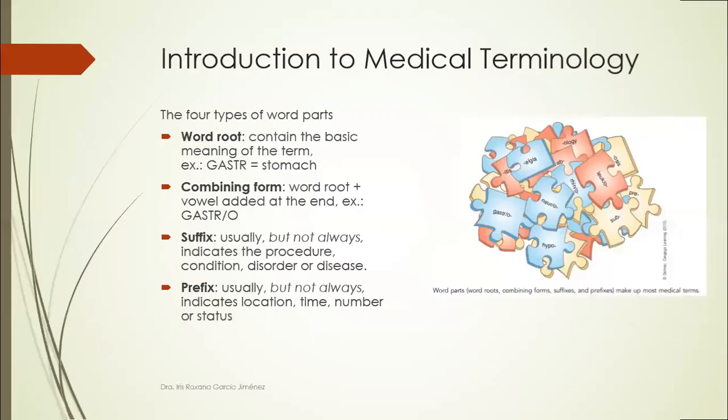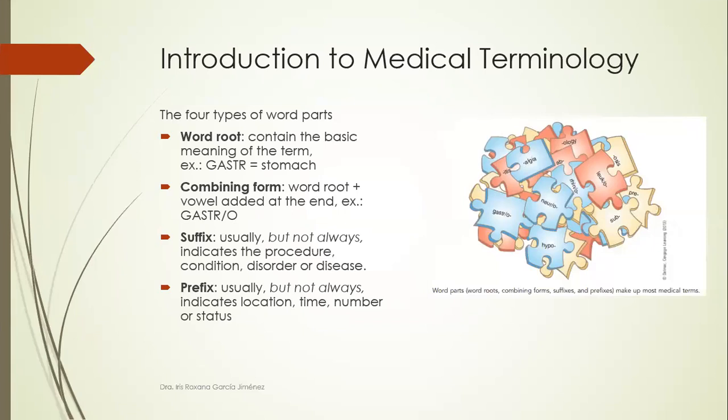Well, when we talk about medical terminology, we have to consider these grammar tips in order to check our vocabulary and, of course, have the opportunity to find our word root. The word root is the most important part because according to that, we get the basic meaning of the term.